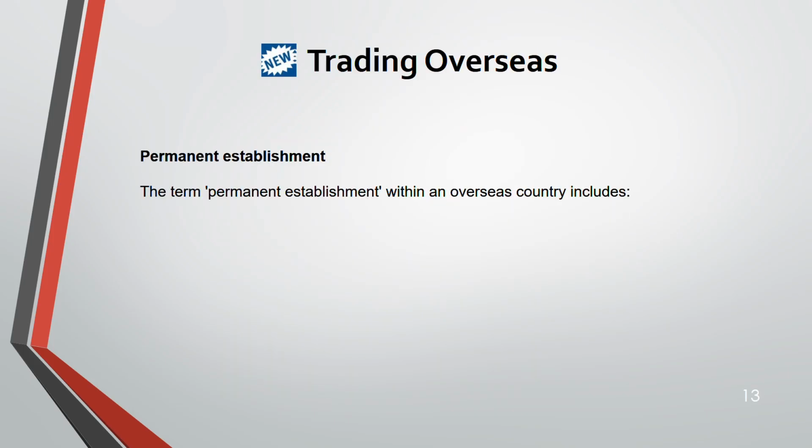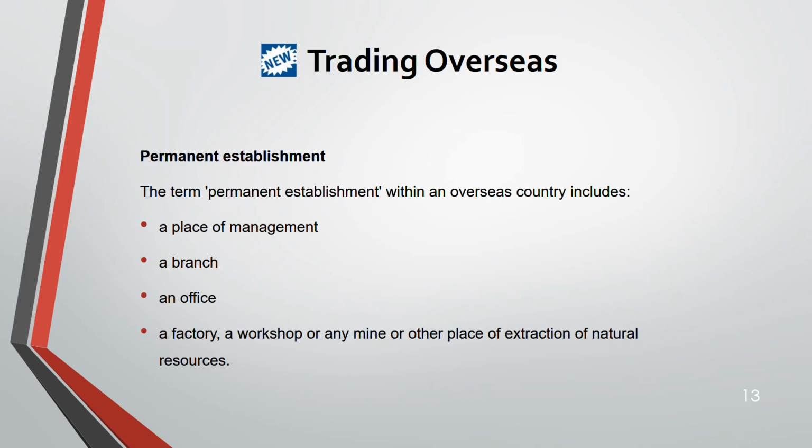Now, permanent establishment is very important. Okay? It includes this. You have a place of management, you have a branch, you are operating through an office in the overseas country, or a factory, workshop or any mine or extraction of natural resources. If you are operating through the medium of any of these, it's a permanent establishment.